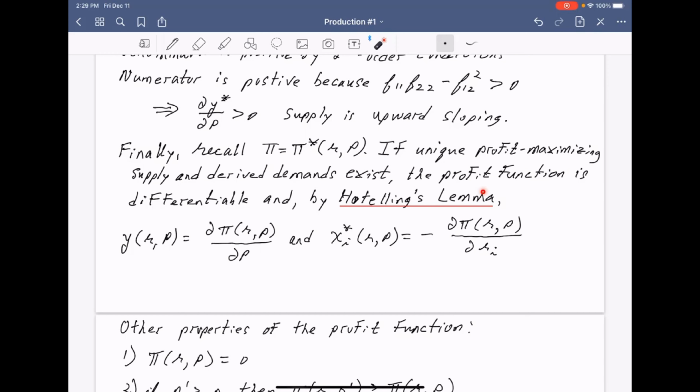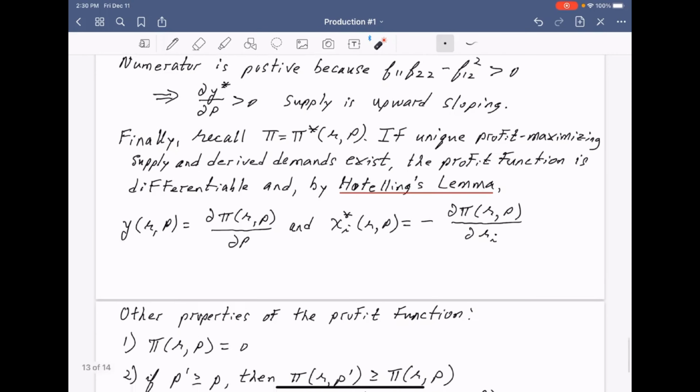And then using Hotelling's lemma, which, remember, refers to an unconstrained optimization, which is what we had, we can recover the supply function by taking the partial derivative of the indirect profit function with respect to p, and we can get the derived input demands by taking the negative of the partial derivative of the profit function with respect to any of the input prices to get the input demand function.